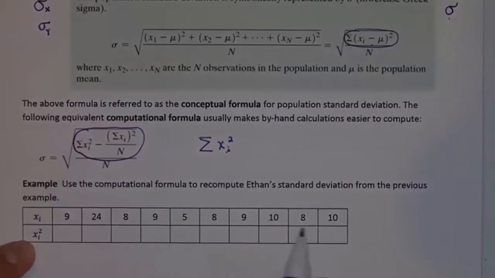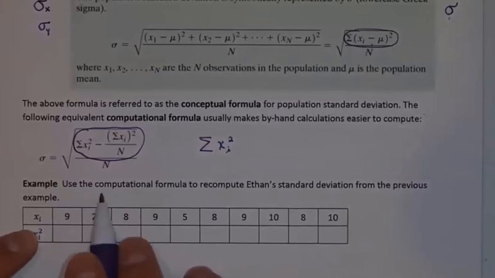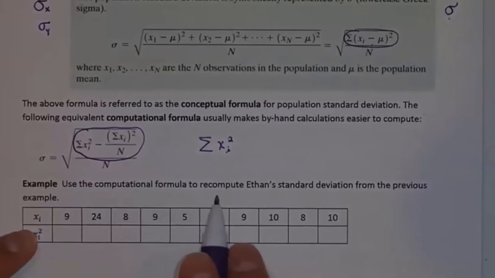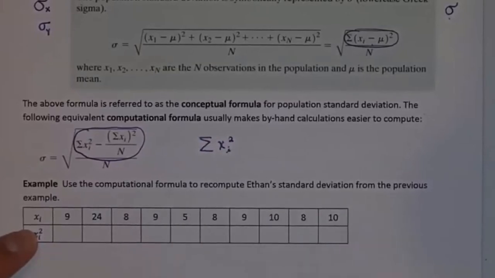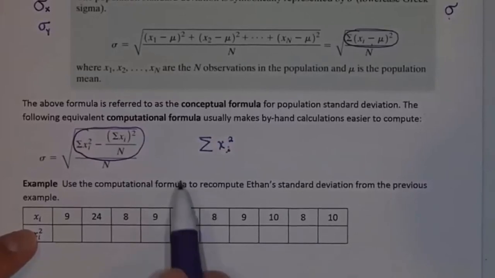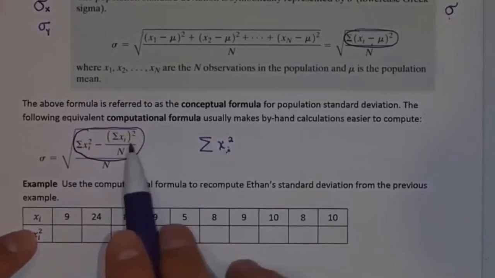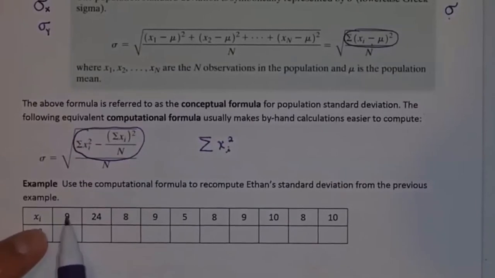So if these are Ethan's data values here, I'm asking you in this example to use the computational formula to recompute Ethan's standard deviation from the previous example. So for this part of this calculation, I'm going to take each data value and square it.